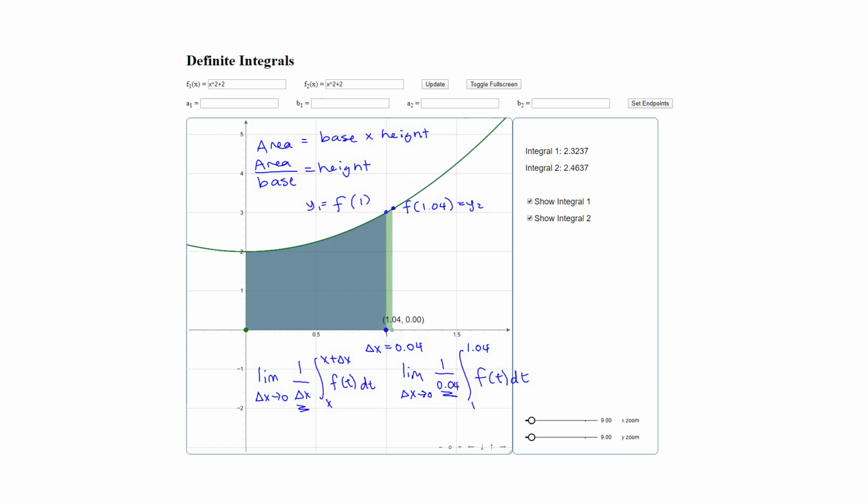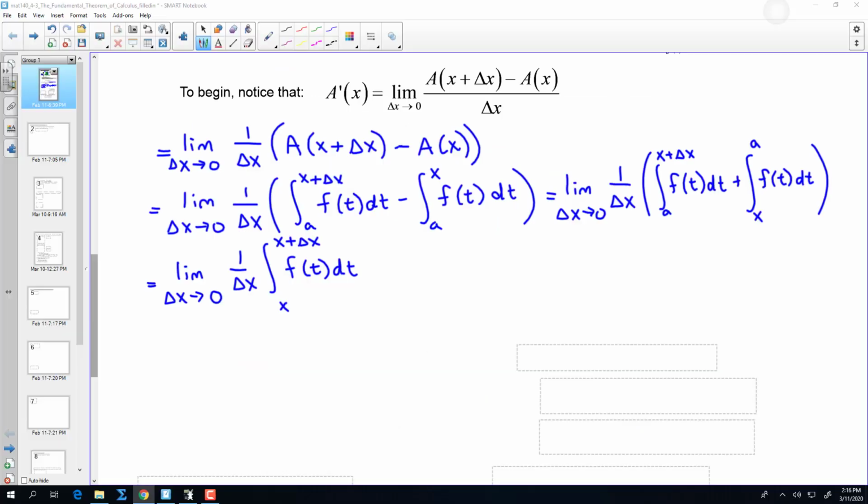But as I decrease delta x back to the first value, the original number 1, then what happens is this limit results in f of x, just whatever the height of the curve is at that original point. So this limit results in f of x.